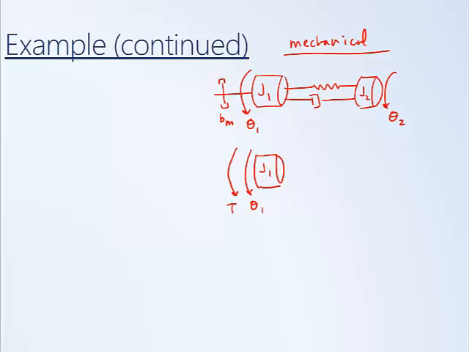The frictional torque is going to oppose the rotation of the motor. So we can imagine some frictional torque, and we will model it as being proportional to the speed.